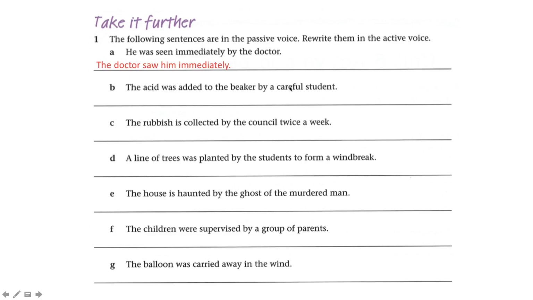Now we know that the careful student is performing the action, adding the acid. So we need to change this so that it reads, a careful student added the acid to the beaker. So the person performing the action is before the verb. So you need to go through and do that for the remaining sentences there. See how you go.